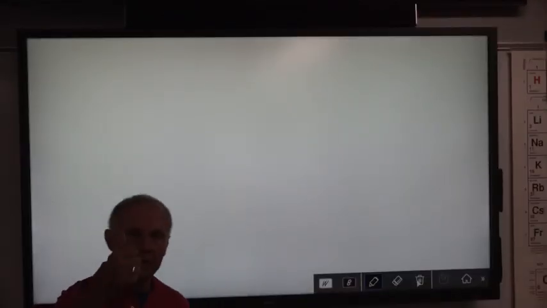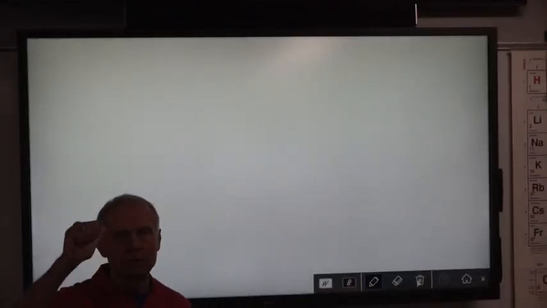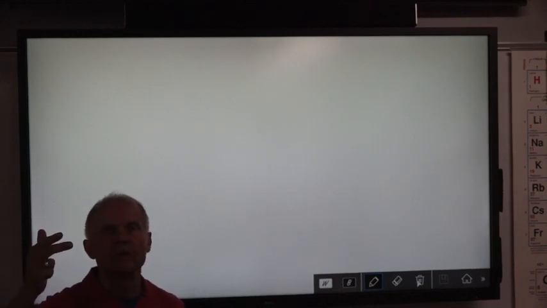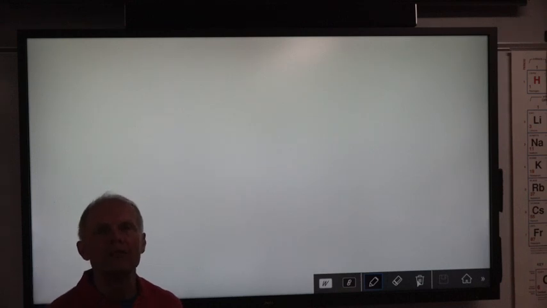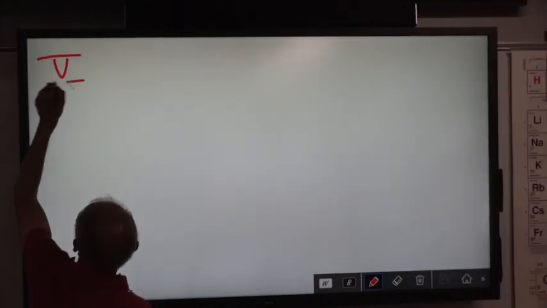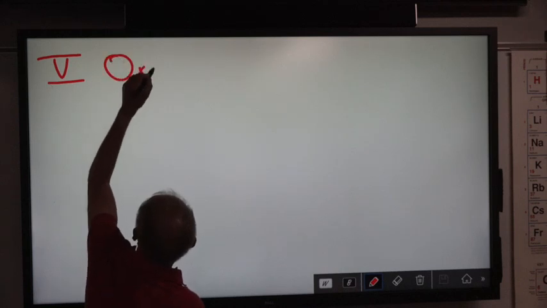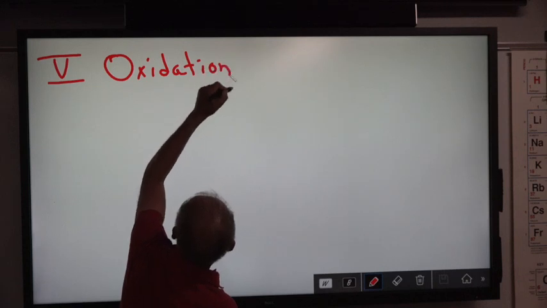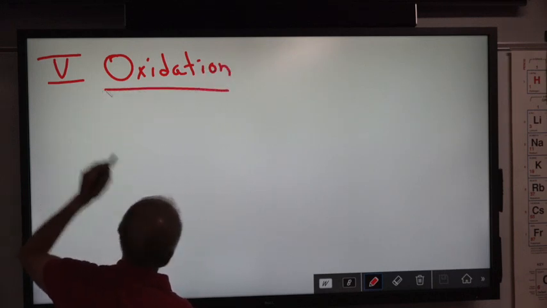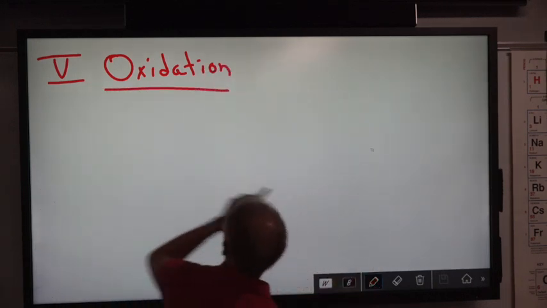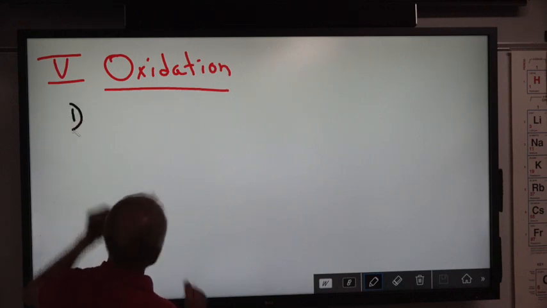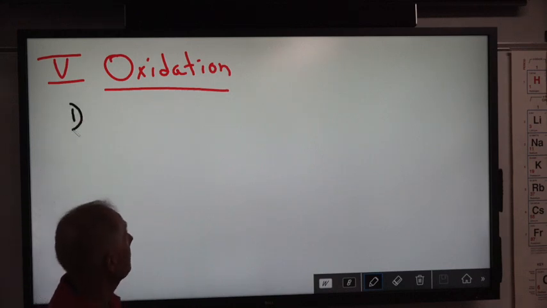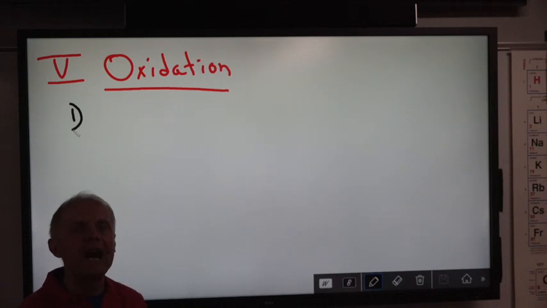Now, we have had fermentation, Roman numeral 1, esterification, Roman numeral 2, substitution, Roman numeral 3, addition, Roman numeral 4, Roman numeral 5 is oxidation. Now, oxidation just means oxidize.